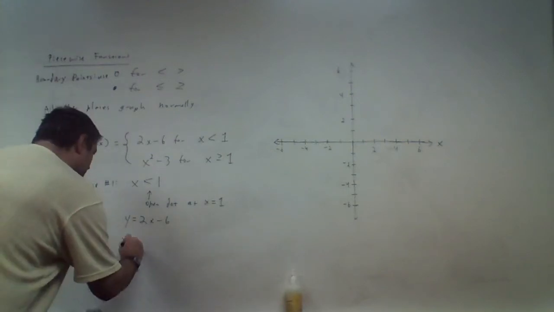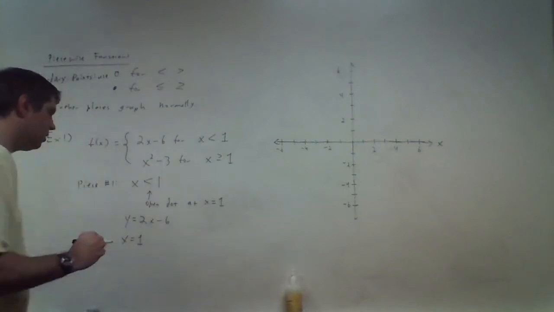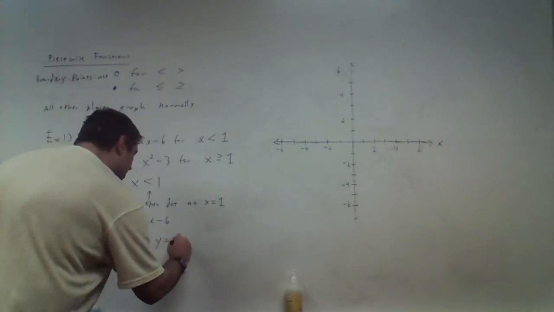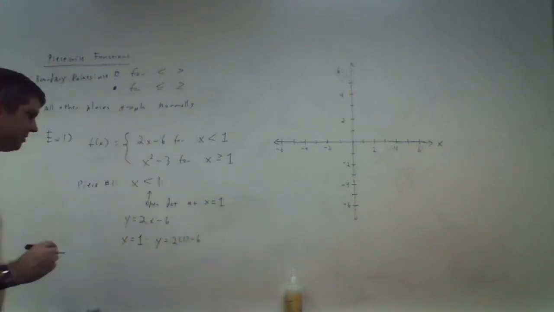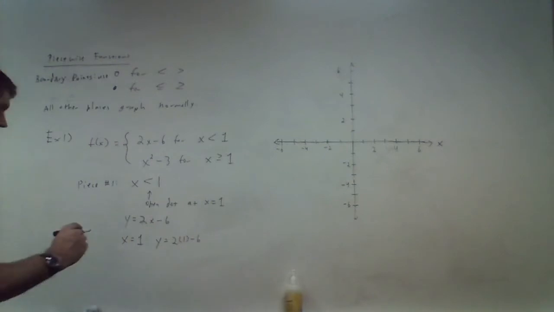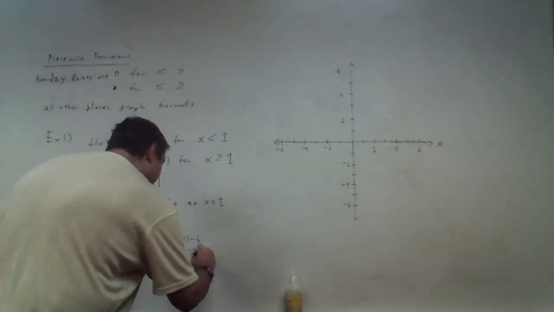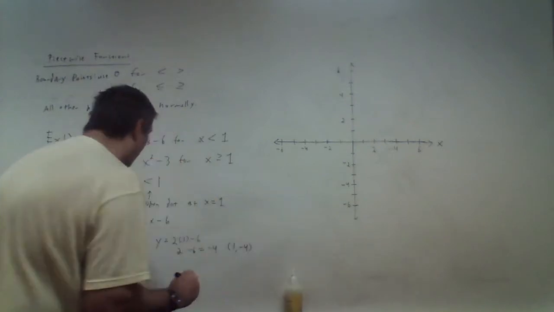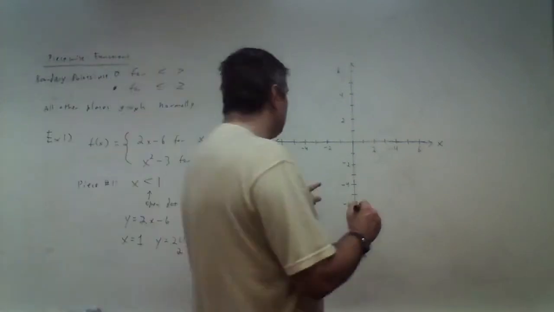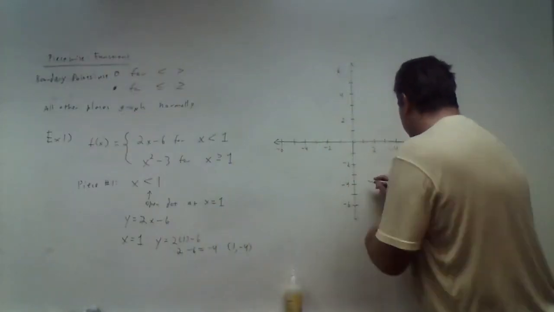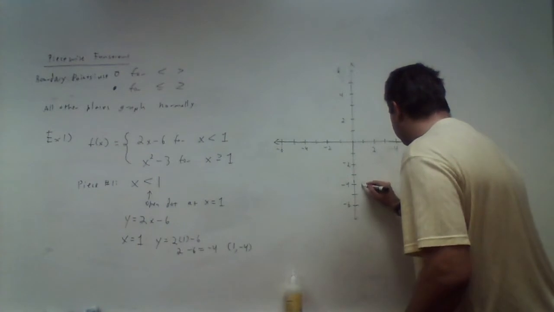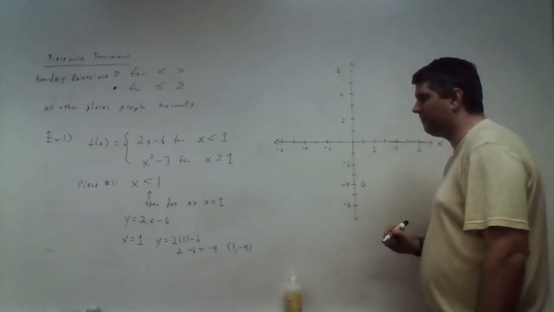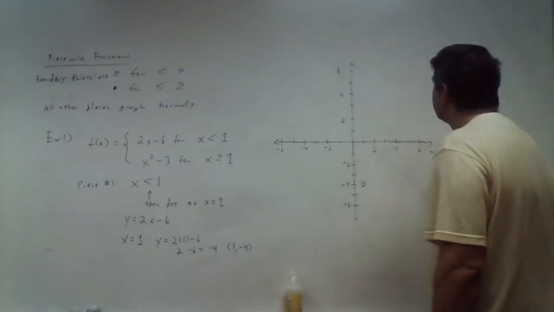So at x equals 1, we have y equals 2 times 1 minus 6. So 2 minus 6 is negative 4. So we have 1, negative 4. So on the number line, negative 4 will be my up-down, and that's the endpoint of piece number 1. Okay?